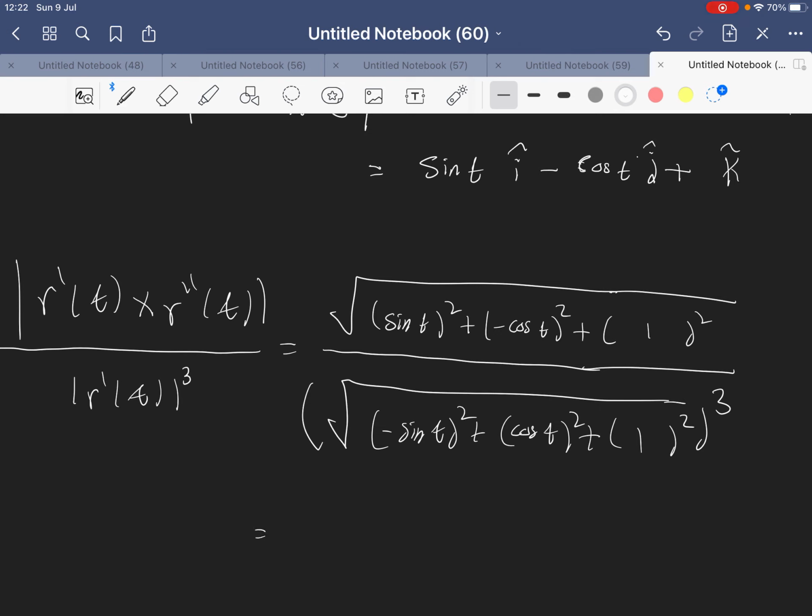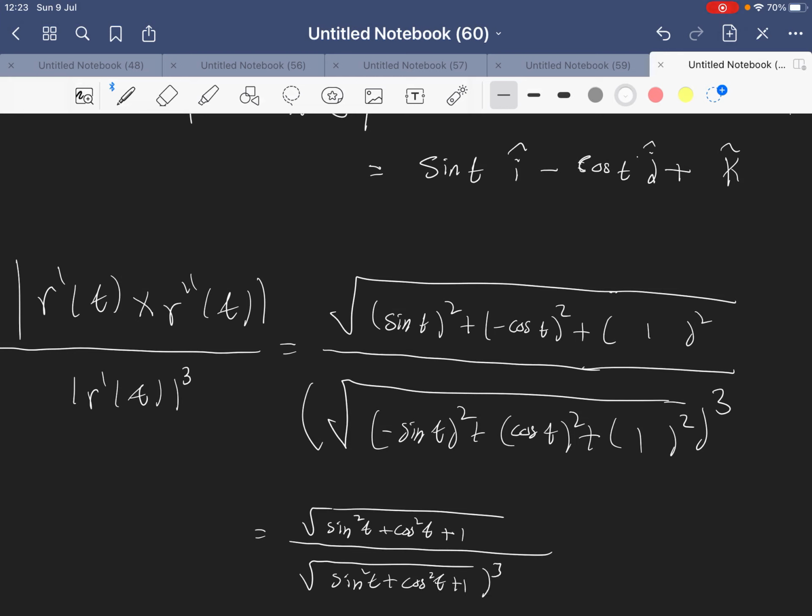Now, if we do it, we'll get sine square t plus cosine square t plus 1 over the same quantity, but to the power of 3. Now we know how much sine square plus cosine square is. This is 1, so 1 plus 1 is 2 over 2 to the power 3. If we do this, the answer is half.